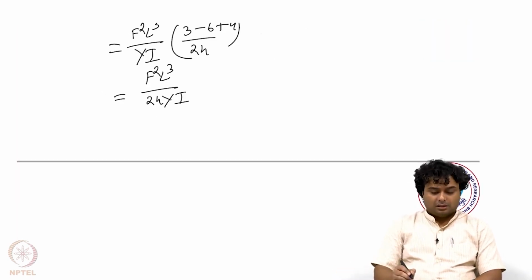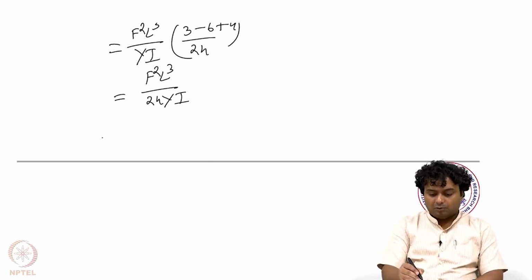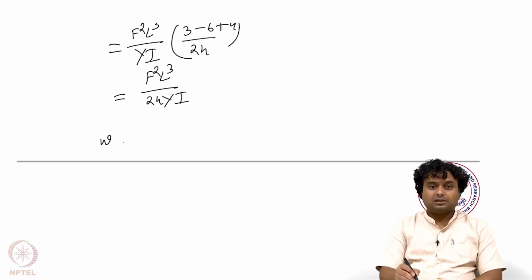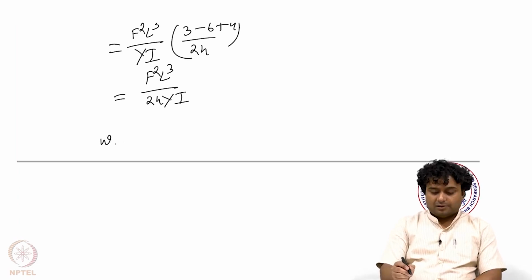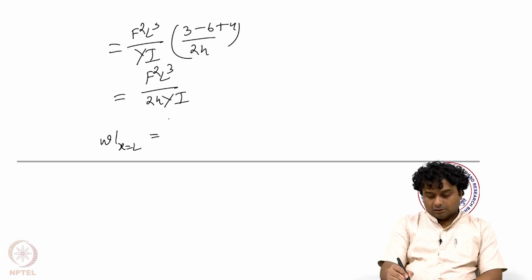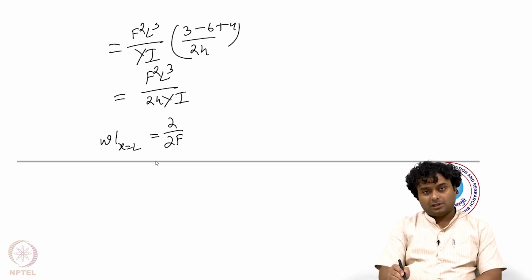Now we need to calculate the deflection actually, that is the W, right. So W deflection is because of which force? F, right. W at x equal to L is equal to the derivative with respect to force F, because F is acting at the tip of the cantilever, at x equal to L, and that is causing the deflection of the tip, that is W. So W, the deflection, equals the partial derivative with respect to F of the strain energy as per Castigliano's theorem.